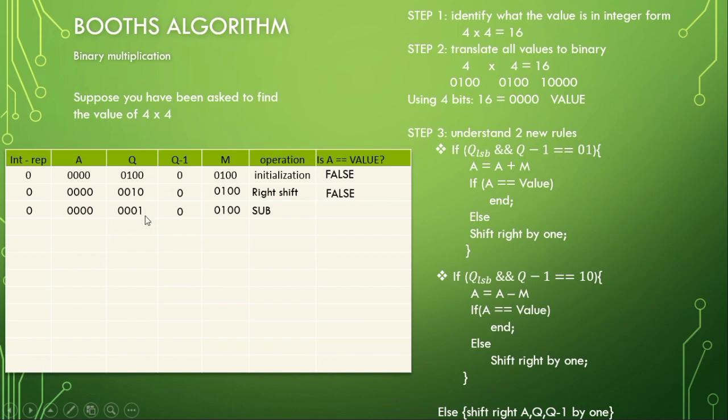So when we shift right here, we're going to get the value of 1 and 0. And notice that the 1 and 0 directly correlates to this scenario. So we perform the subtraction operation. Here we're going to have minus 4. So we subtract the M register from the A register, and here we have negative 4.